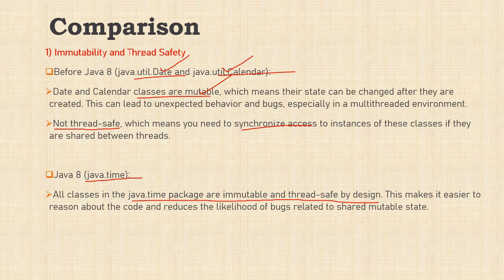Before Java 8, all the classes are not thread safe. In Java 8, this makes it easier to reason about the code and reduces the likelihood of bugs related to shared mutable state. Now we are going to talk about the design and readability of Java 8 and before Java 8.